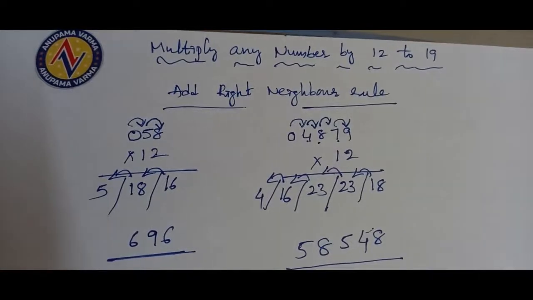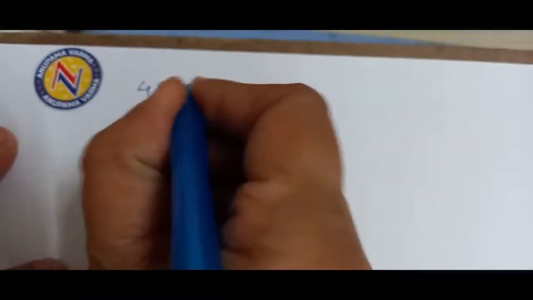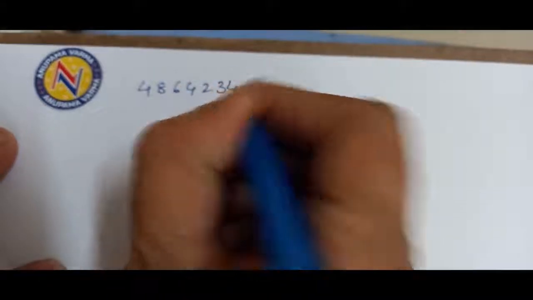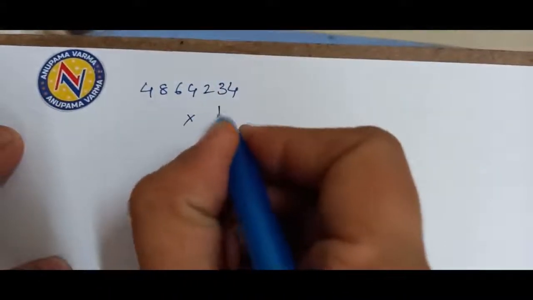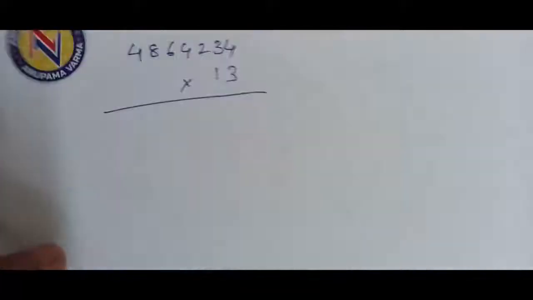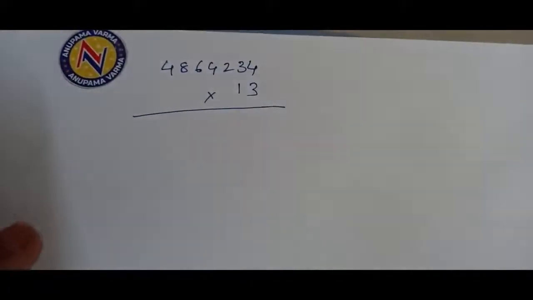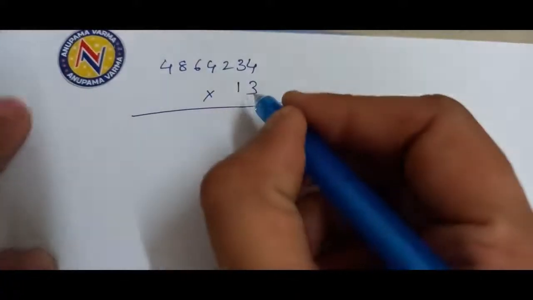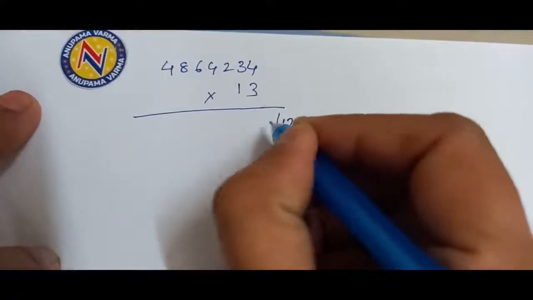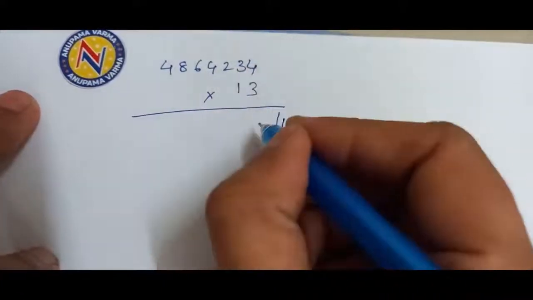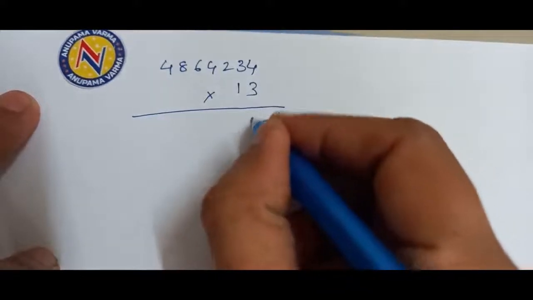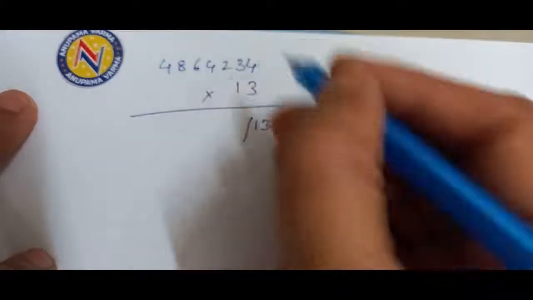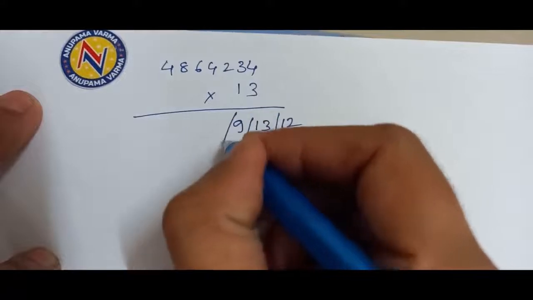Let's take another example with 13. Okay. Let's take 4864234 into 13. You can take n number of digits. We can write the answer also directly. So 3 4s are 12. 3 3s are 9 plus 4, 13. 3 2s are 6 plus 3, 9.